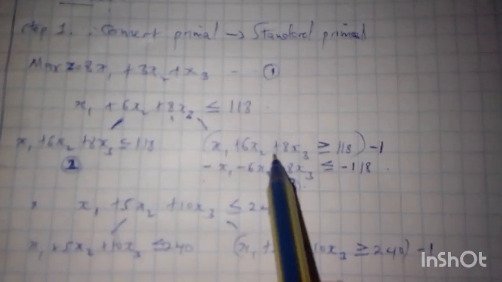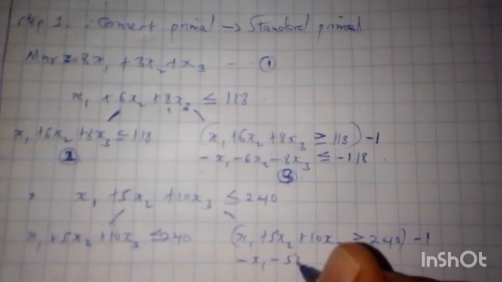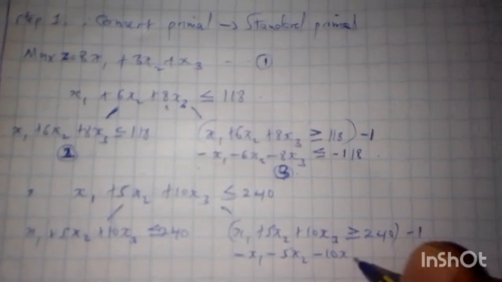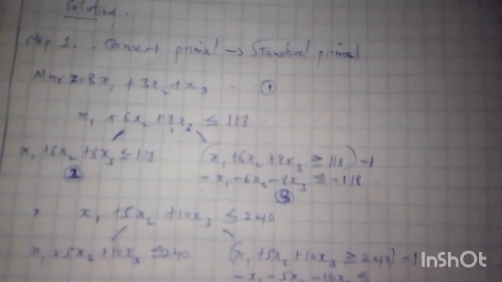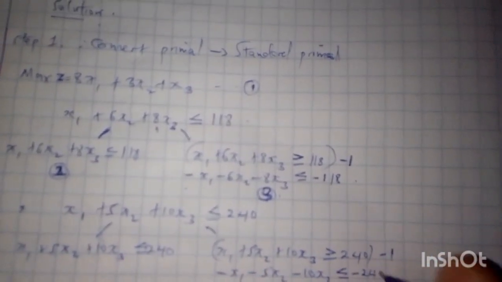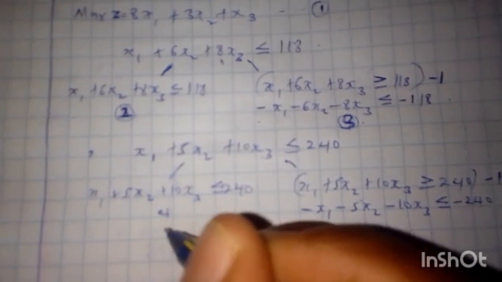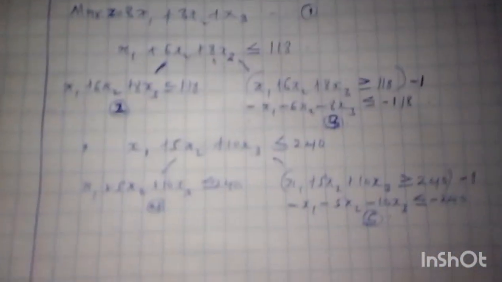Are you seeing? So that you have negative x1 minus 5x2 minus 10x3. Now it changes the sign. It's less than or equals to negative 240. This becomes 4, then this becomes 5. Are we there?